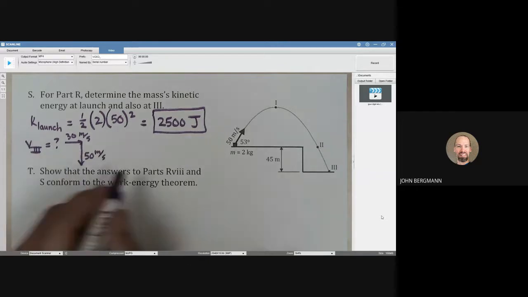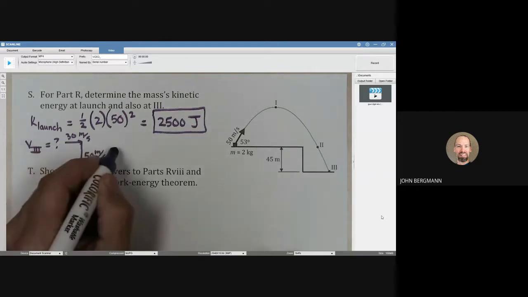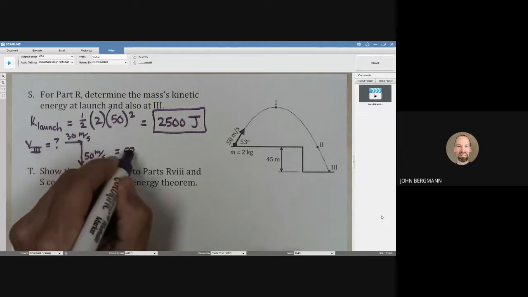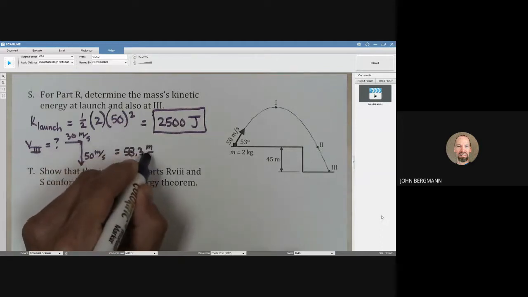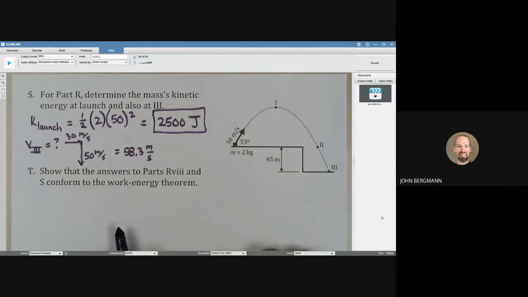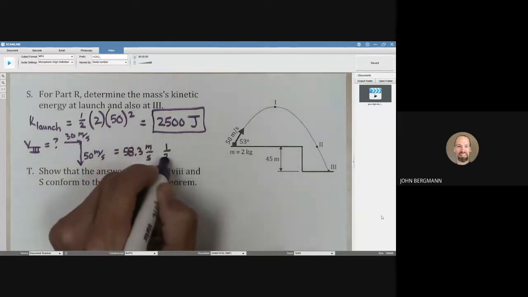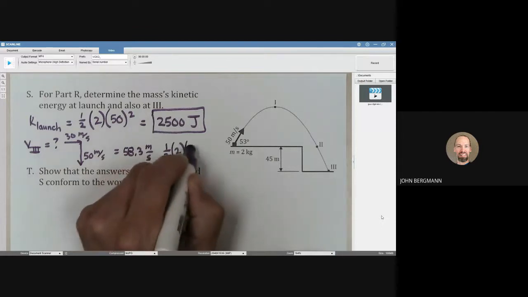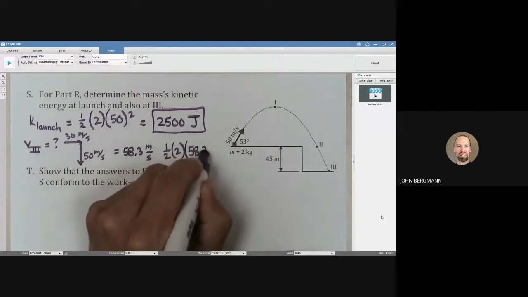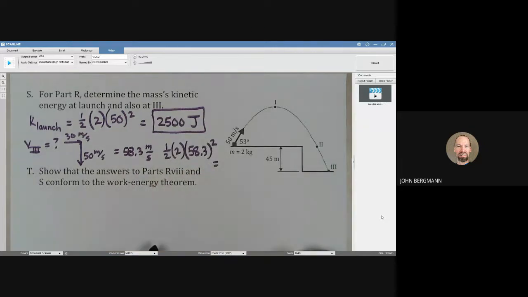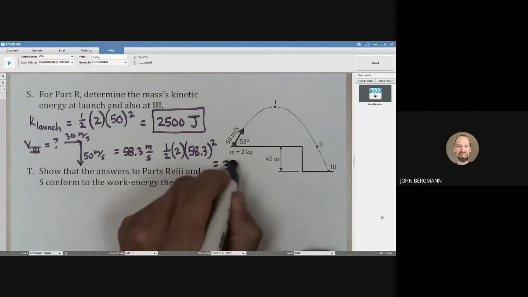So that means that the total speed, you could figure it out, use the Pythagorean theorem. I got to be 58.3 meters per second. So what's the kinetic energy here at point 3? It's going to be 1/2 times m times v squared. And when you crunch that out, you end up getting 3,400 joules.